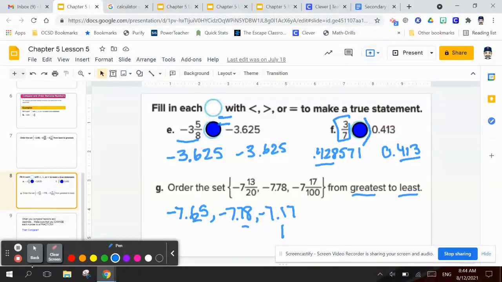Well, 65 is closer to 0 than 78, so this would be 2, and here would be 3. So there we have our order. But we have to write those as we did up here. So I have negative 7.65, negative 7.78, negative 7.17.